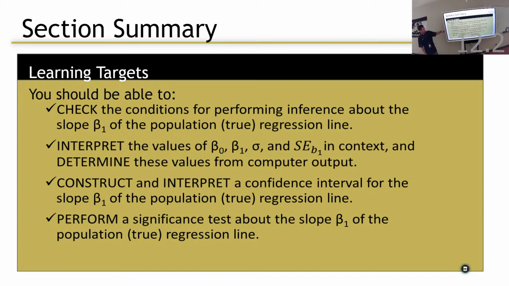I hope you can check the conditions for your homework. I hope you can interpret b sub 0, b sub 1, sigma, SE of b sub 1 in context for your homework. I hope you can construct and interpret a confidence interval for the slope, beta 1, for the population of the true regression line.